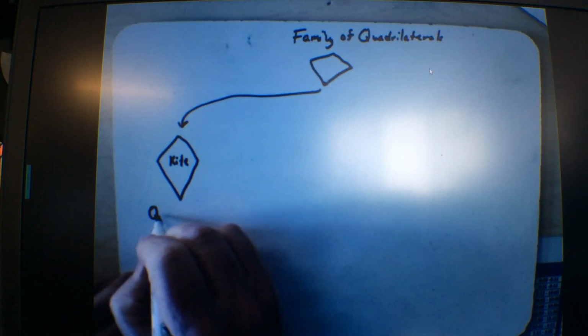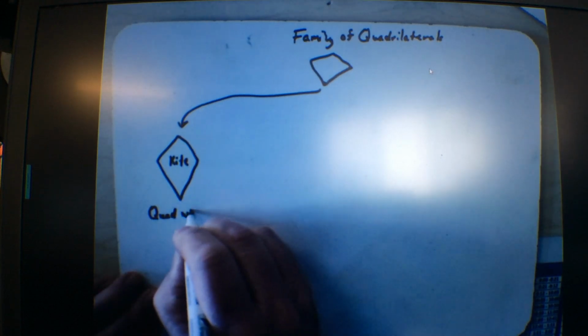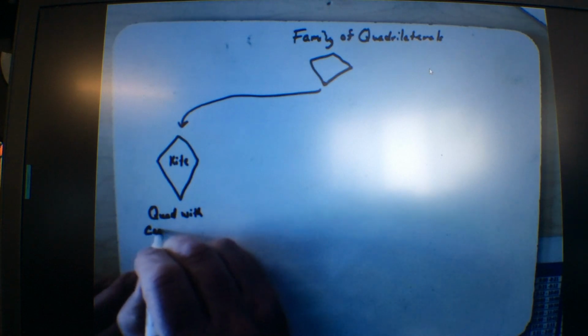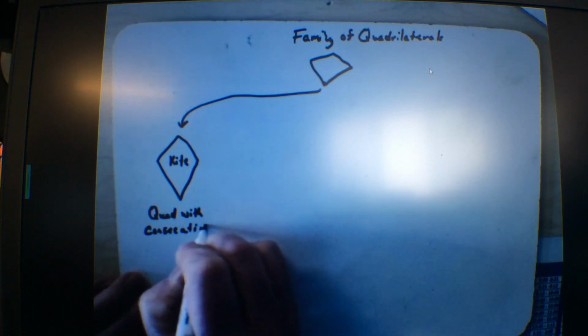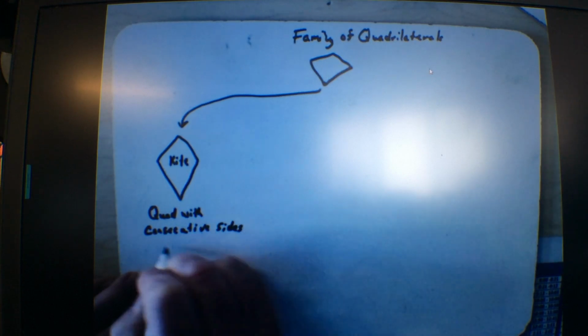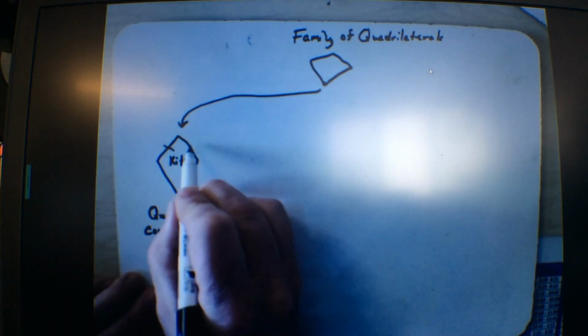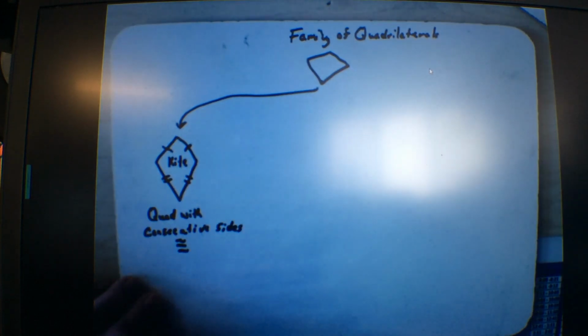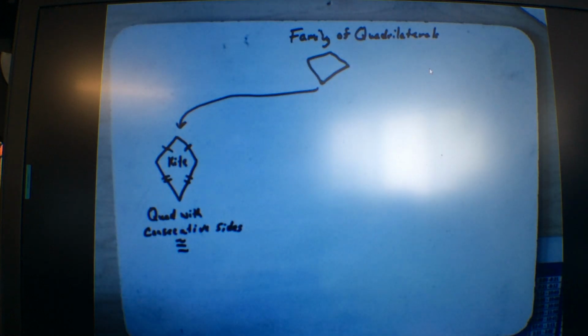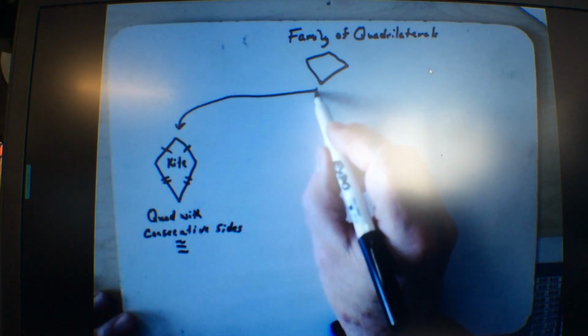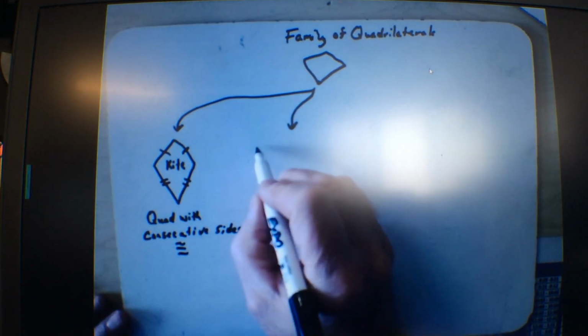It's a quadrilateral with consecutive sides equal, congruent. Okay, that means, guys, that this side is congruent to this side and this side is congruent to that side. Okay, and since we are the kite capital of Nebraska, you probably should know this, correct? All right. Kagan, do you have any questions? Okay. All right, the next set that we're going to deal with is this guy.